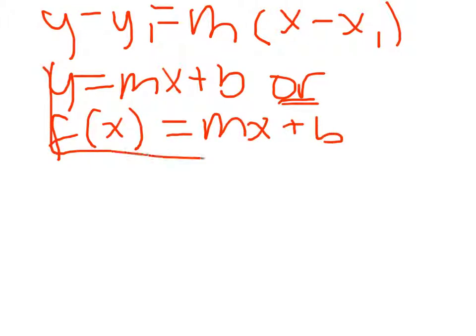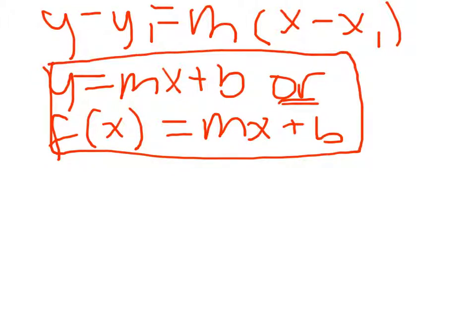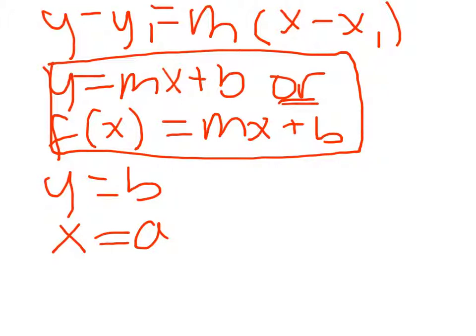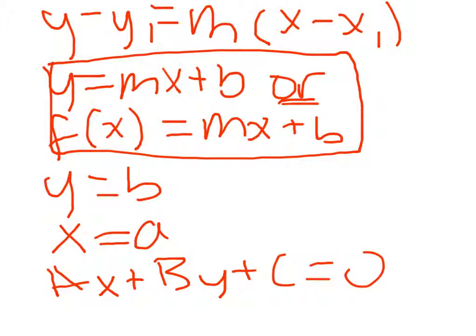They're both the same thing. And then for a horizontal line, you would have y equals b, and then a vertical line, x equals a. And then general form is the formula that we just learned. So general form is ax plus by plus c equals 0. And these can all be used to find lines.